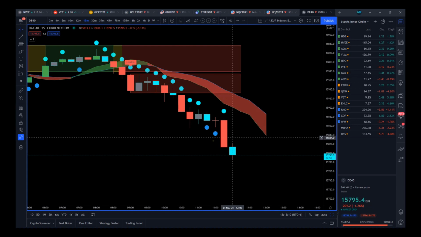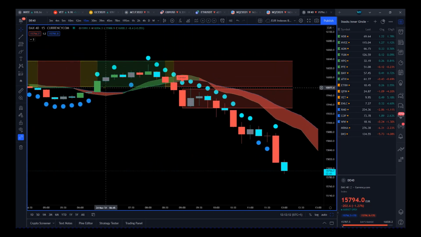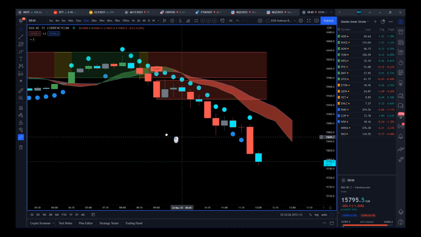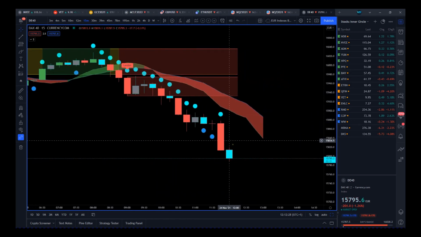Also what we'd look for, if I just go back a little bit, we see a green candle with a cyan dot above. That's higher than average volume. If we had 2 consecutive candles like that, that would be our aggressive entry out of this short trade. At this moment in time, we're higher than average volume going down.